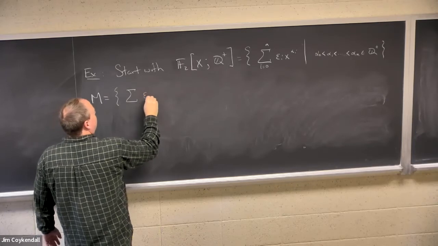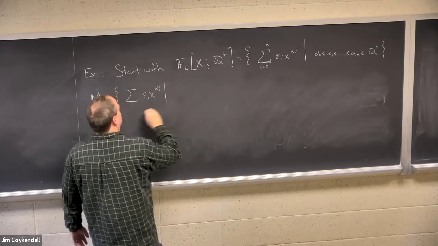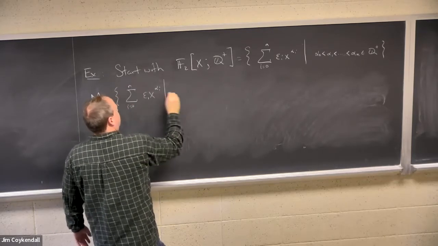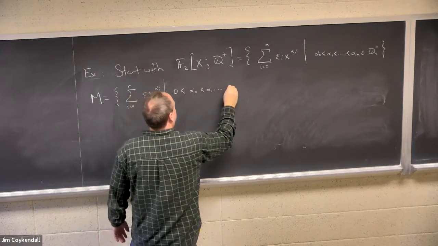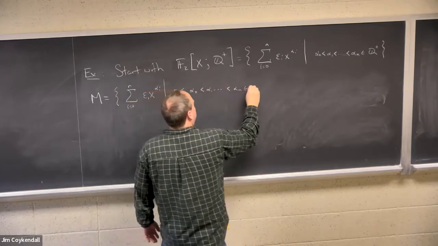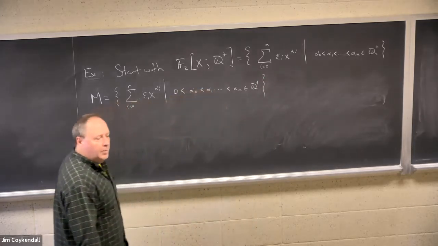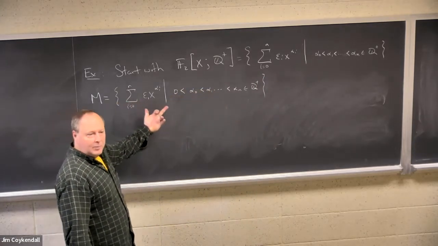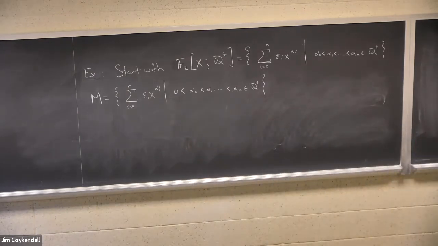Let's say epsilon_i, x^alpha_i. So basically we look at this maximal ideal consisting of all polynomials, and I use that loosely, that have a 0 for a constant term. Right? This is a maximal ideal.